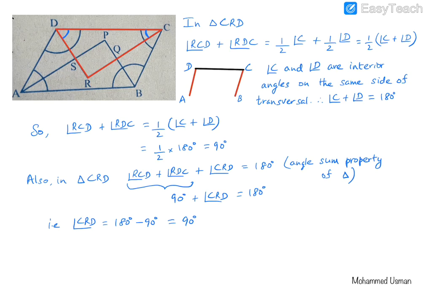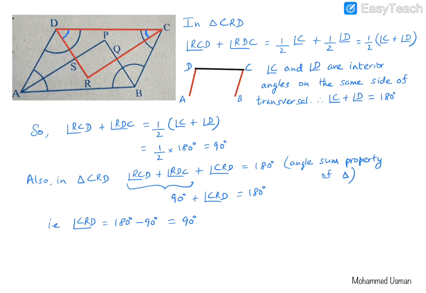So we get angle RCD plus RDC is half of angle C plus half of angle D. And then again we can show that the angle C and the angle D are interior angles on the same side of the transversal for the parallel lines AD and BC intersected by the transversal CD.